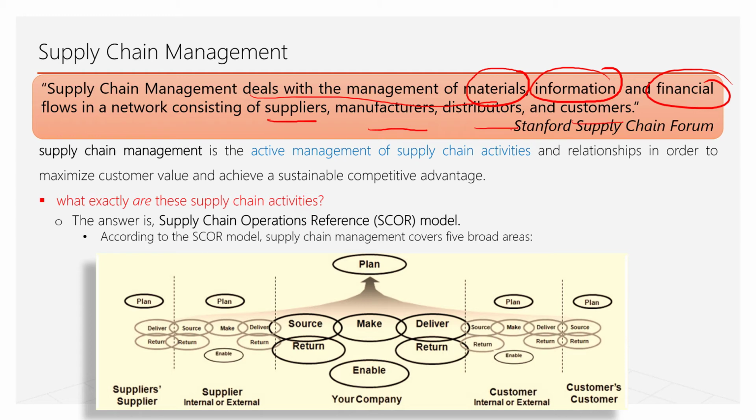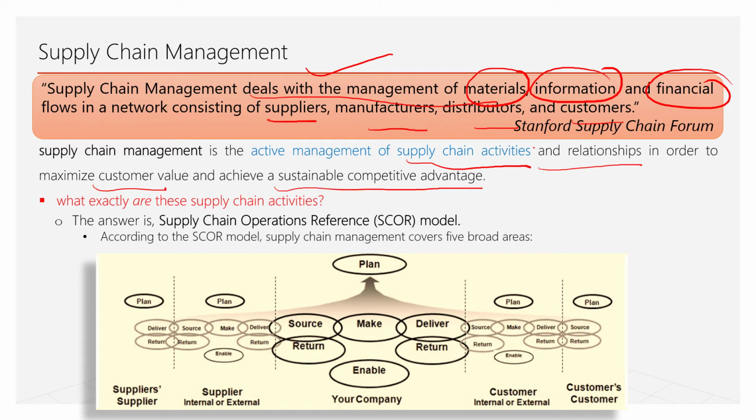According to the Stanford Supply Chain Forum, we can also say it is the active management of supply chain activities and their relationships in order to provide the maximum value to the customer and gain a sustainable competitive advantage.